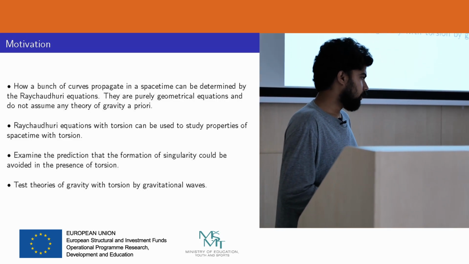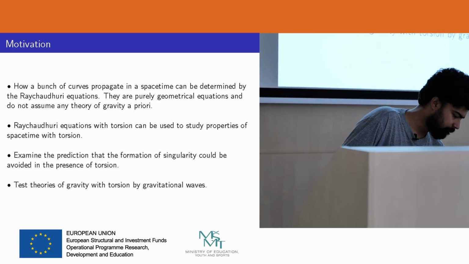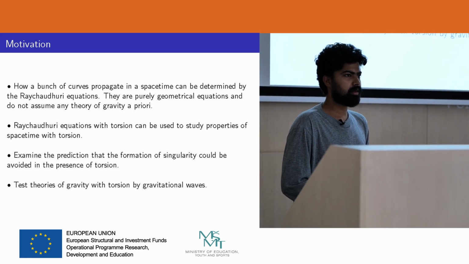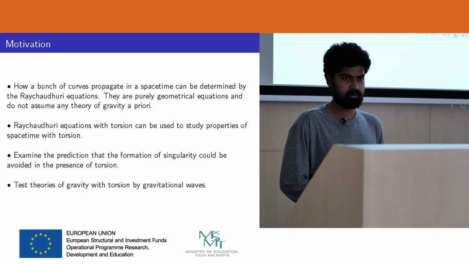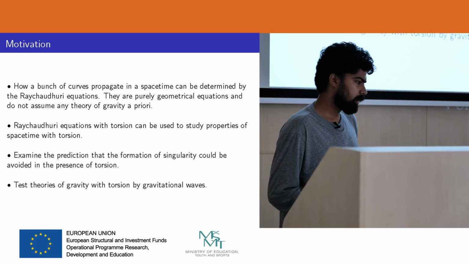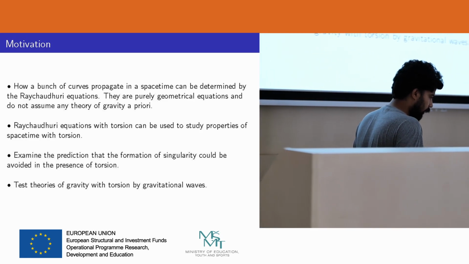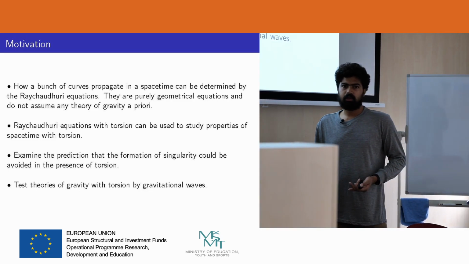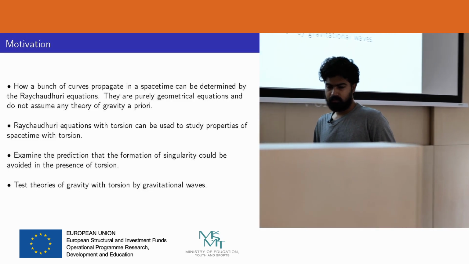And in a more precise way, we can say that in a theory of gravity with torsion, torsion can be non-propagating, such as in Einstein-Cartan theory, or there can be dynamical degrees of freedom related to torsion.